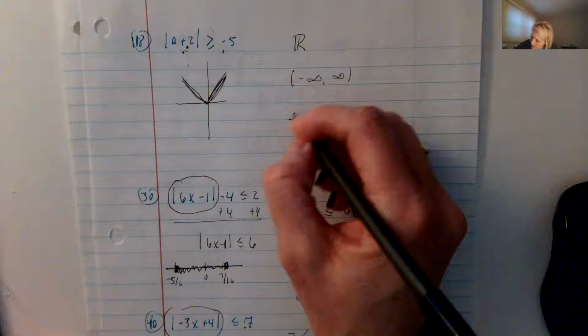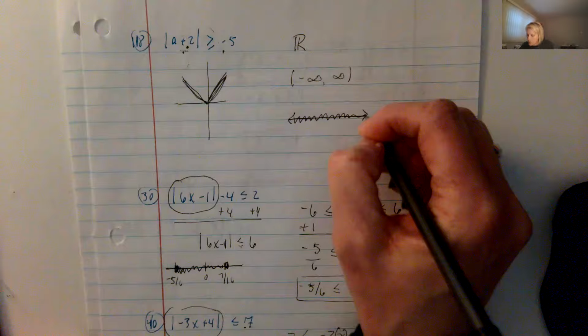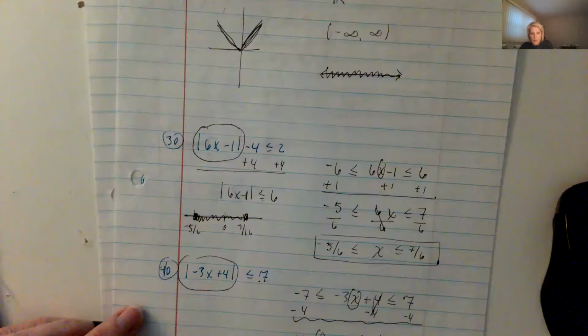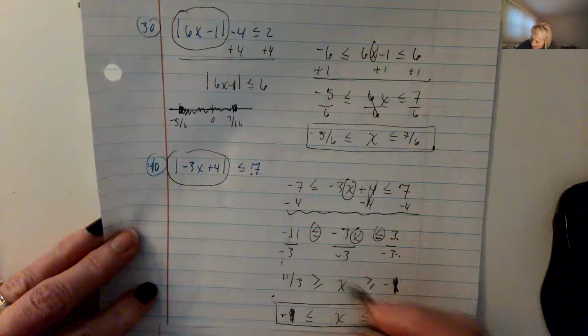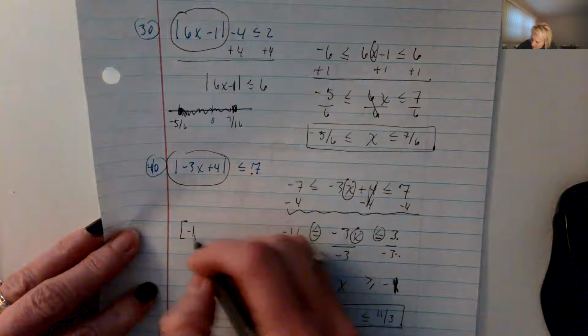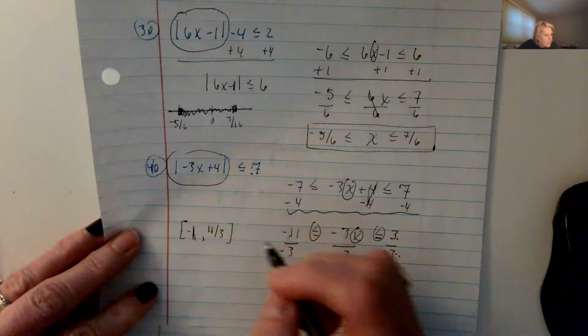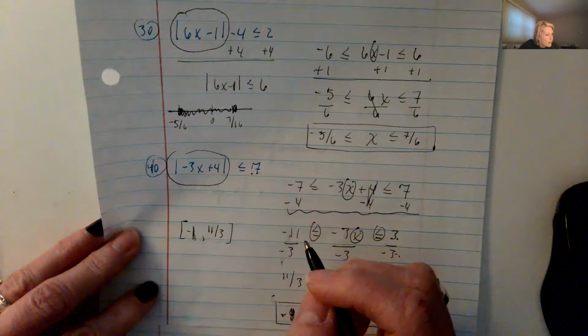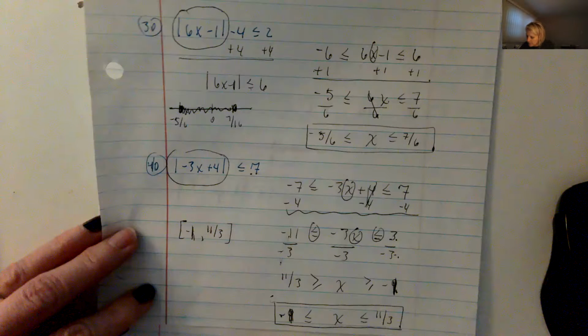The one that's all real numbers, sorry about that, number 18, it's all real numbers, so it's everything on the number line. Number 40 was 2 pieces, so we said it's going to be between a negative 1 and 11/3. And that one was using the interval notation.